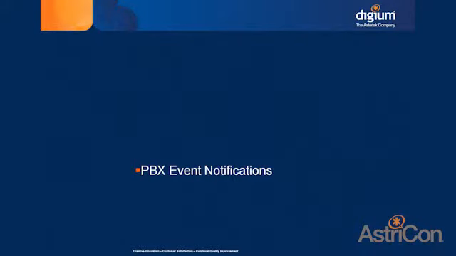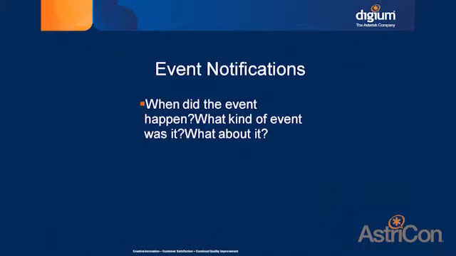Let's talk about PBX notifications of events. So Switchvox can let your app know when something is happening, what event it was that happened, and any information surrounding the event that might be relevant. So metadata just about the event. And who cares? What is it supposed to do with that information?